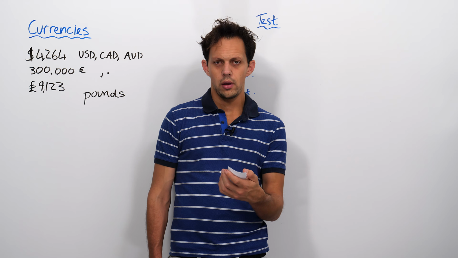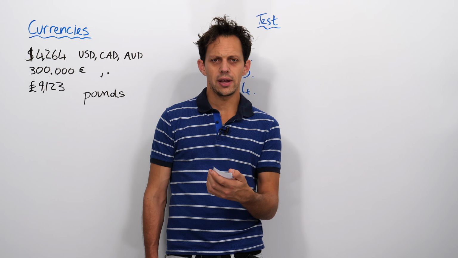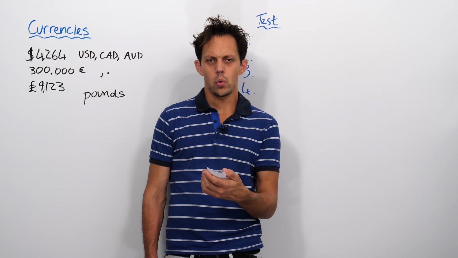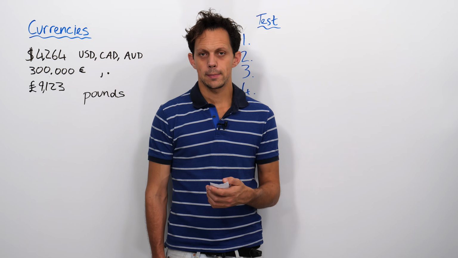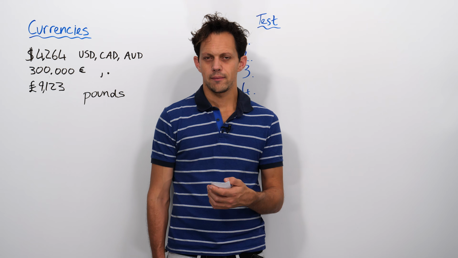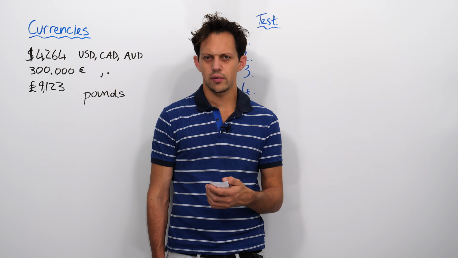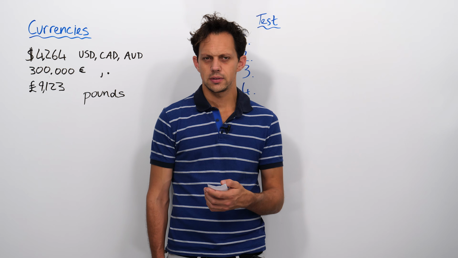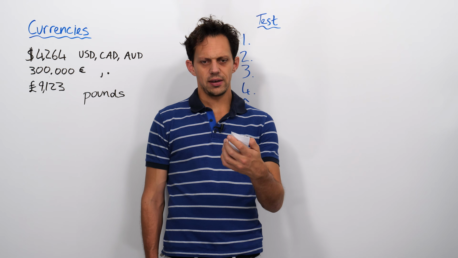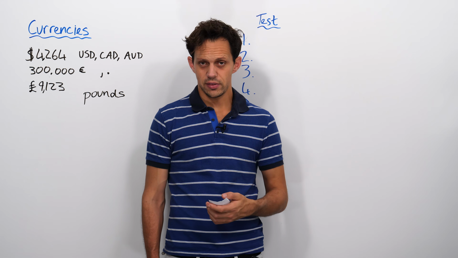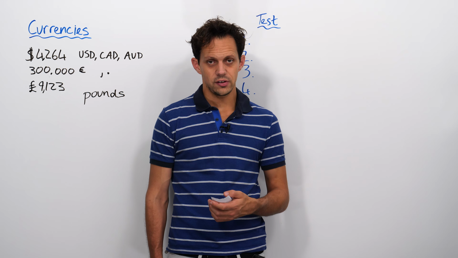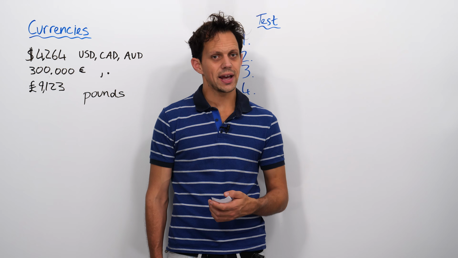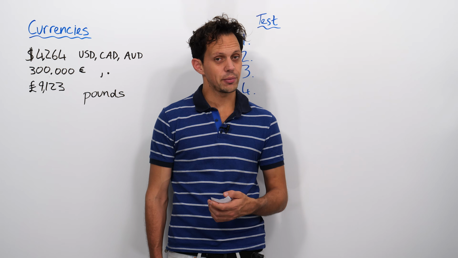Number 9, 1.5 billion. How many noughts does it have? And lastly, number 10, 67,892. I'm afraid I can't repeat any more questions.